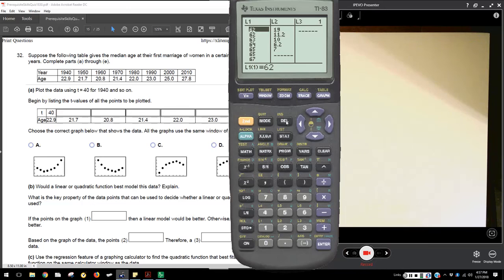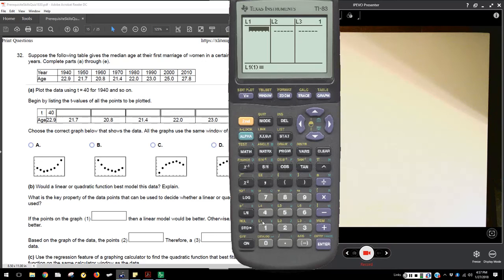My first column of values is going to be my year. So we're going to delete all these numbers that are in there because we don't want those numbers. I'm also going to delete the ones in list 2 because in list 2 I'm going to put the ages of the women at first marriage.